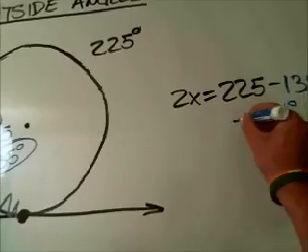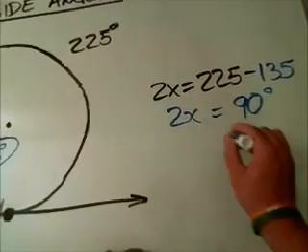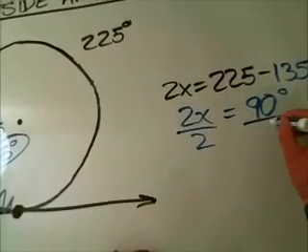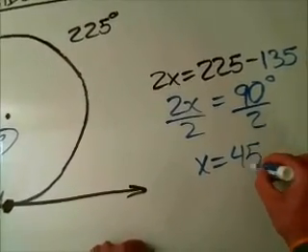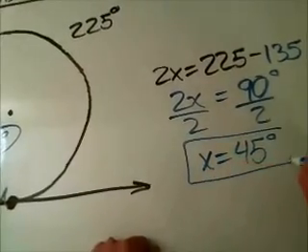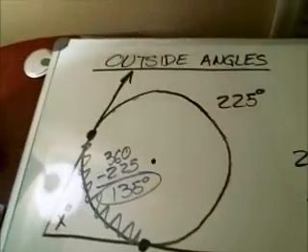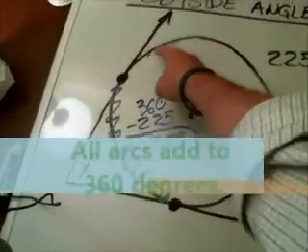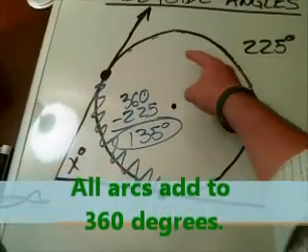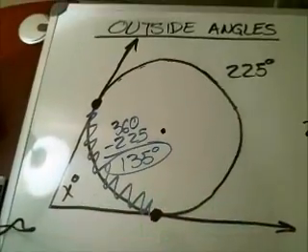Well, that's all great, but 90 is 2 of my outside angles. I want just one of them. So what I find is that my outside angle was exactly 45 degrees in measure. But again, what was the curveball? I only gave you one arc. But remember that when you add all arcs together, you will always get 360 degrees.